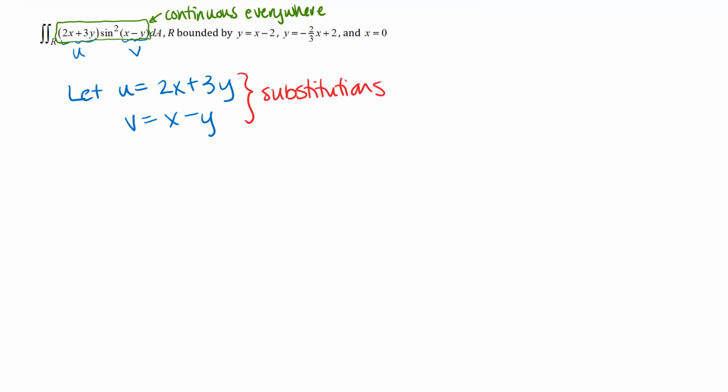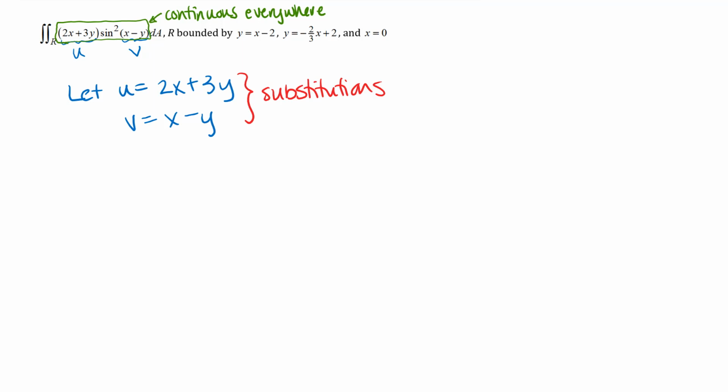And then in order to get the inverse substitutions, I just need to turn around the inputs and outputs of those functions. So I need to have x given as a function of u and v, and y given as a function of u and v.